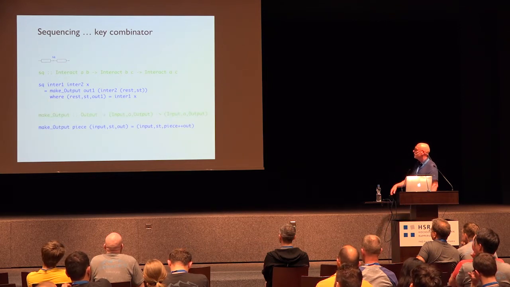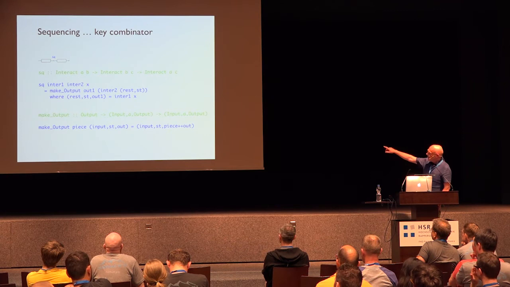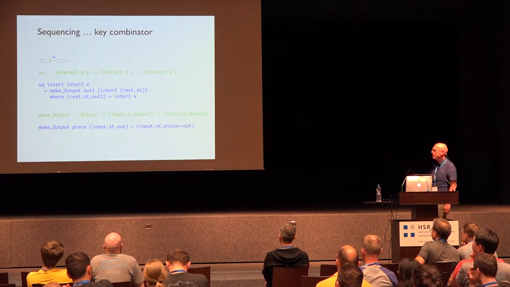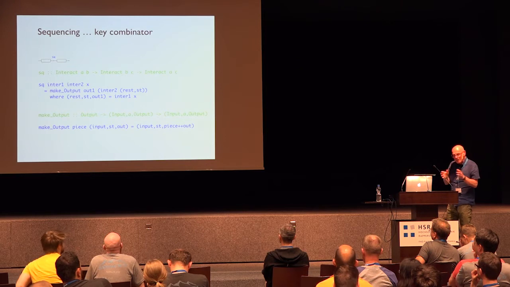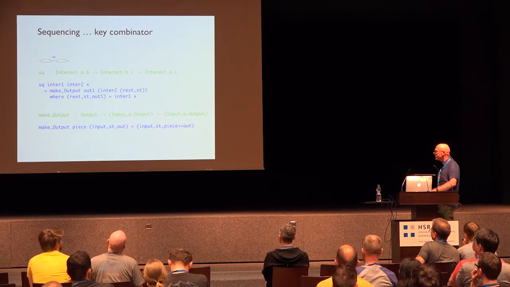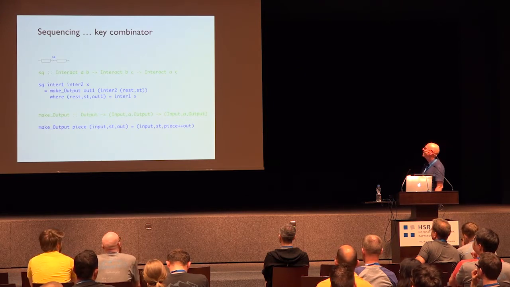What make output does is add that piece of output to the front of the output of the whole thing. As I said, these are nice short bits of Haskell, as befits 5:30, and the barbecue is ready. So I'm not taxing you too much.